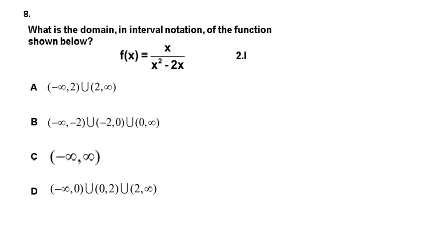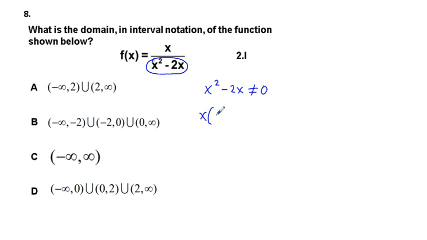8. What is the domain in interval notation of the function shown below? Again, our function is undefined where our denominator is equal to 0. So we can set our denominator, in this case x squared minus 2x, not equal to 0. Solving this equation, we have a common factor of x.